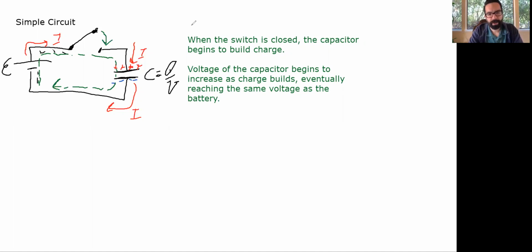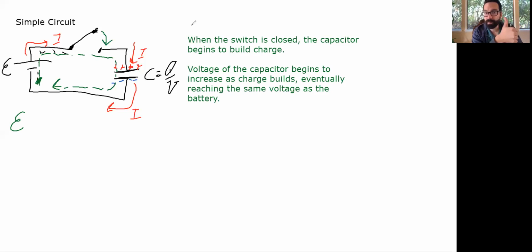If I go counterclockwise around this circuit, starting here at the bottom corner, and add all my voltages, well, I have my voltage from my battery, and then if I look at the capacitor, I'm going from the positive side of the capacitor to the negative side. Going in that counterclockwise direction, from positive to negative, we have to ask the question: is that an increase in voltage?